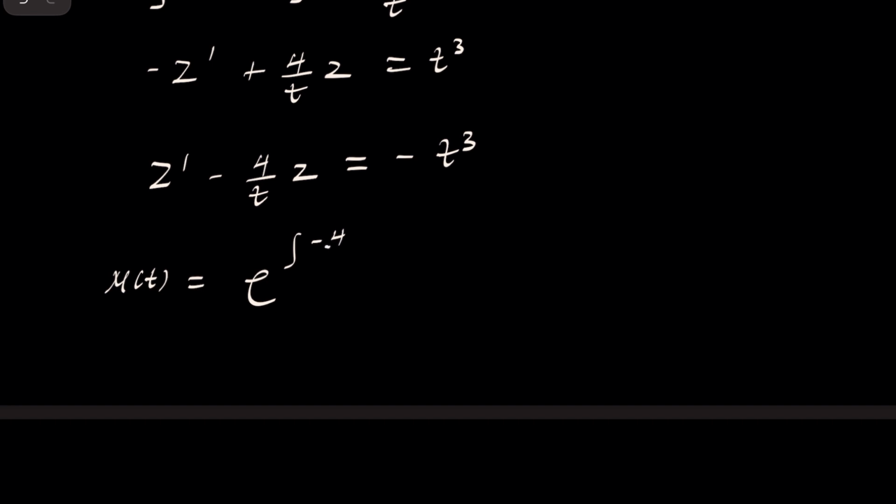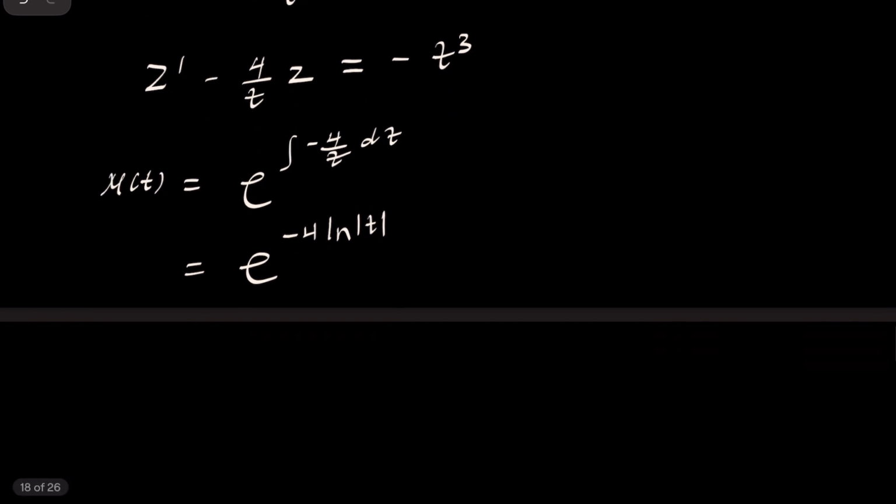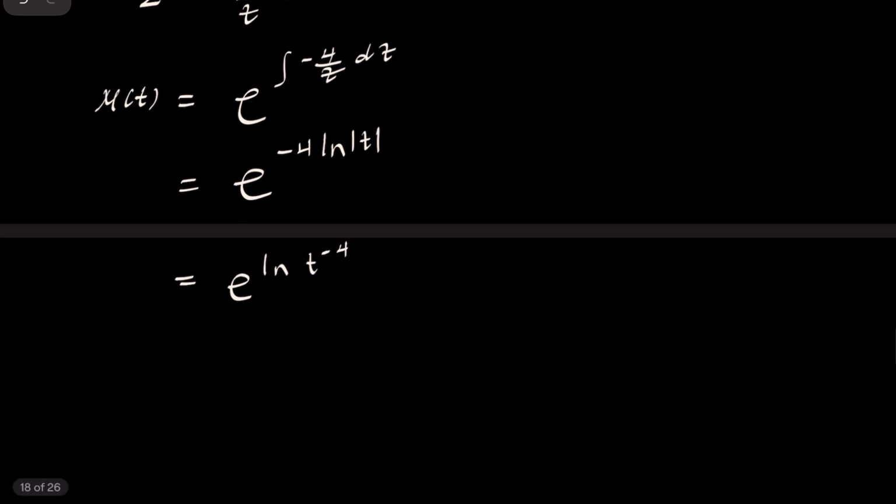So that's going to be the integral of minus 4 on t dt. Integrating this gives minus 4 ln of the absolute value of t, which is the same as ln of t exponent minus 4. And so we have our integrating factor mu to be t exponent minus 4, which is the same as 1 on t exponent 4.